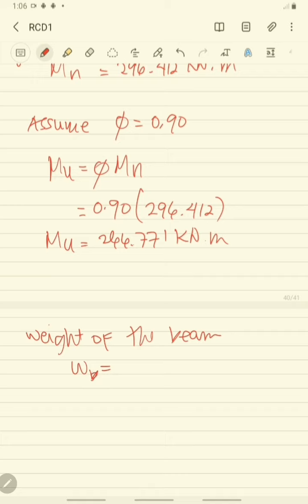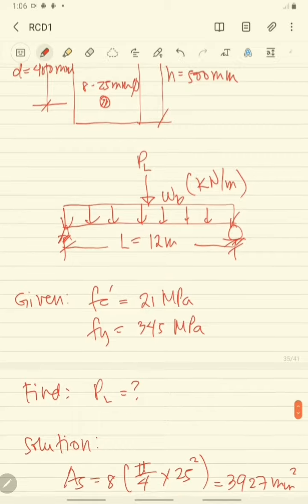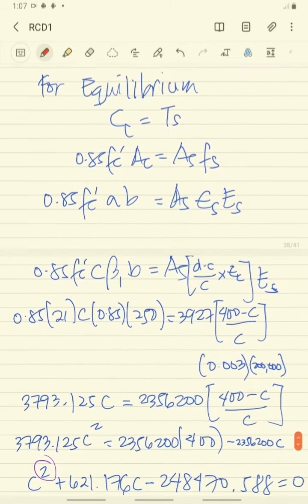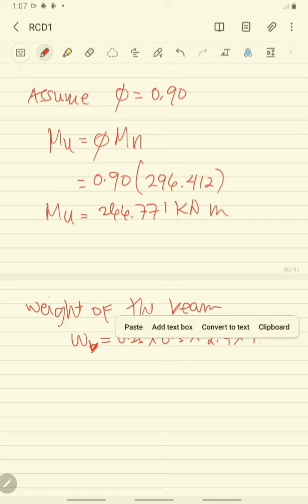You have 0.25 times the depth of the beam, which is 0.5, times 2.4, the specific weight of the concrete, times 9.81.